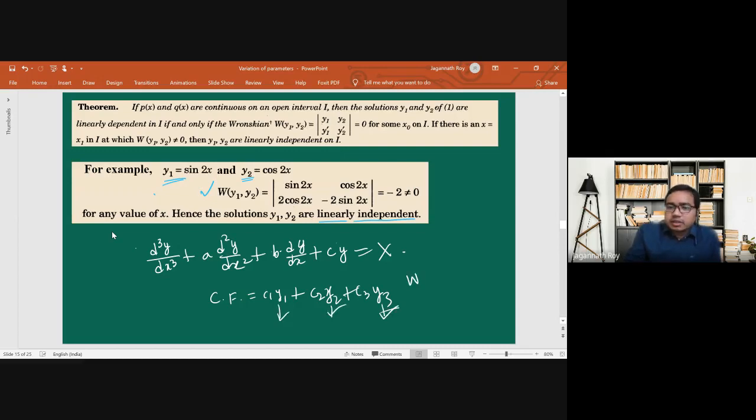In that case, we define the Wronskian as a 3 by 3 determinant with rows y1 y2 y3, y1' y2' y3', and y1'' y2'' y3''. For this type of difficult problems, higher order ordinary differential equations, the Wronskian concept is very, very useful.